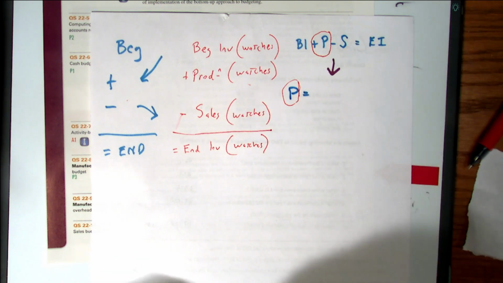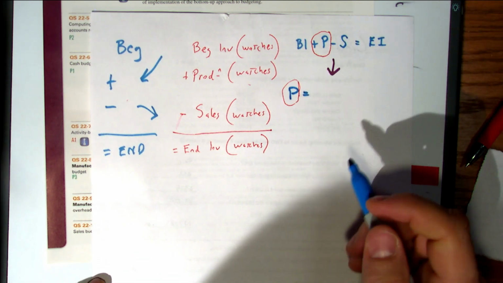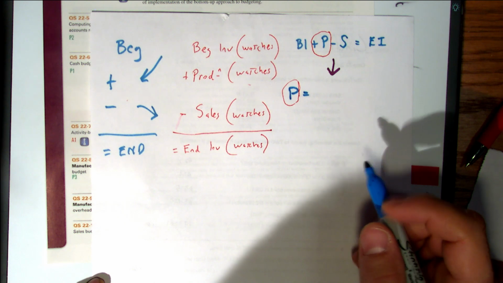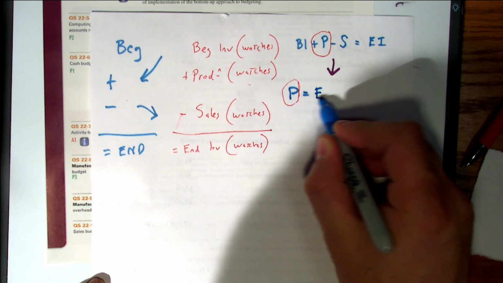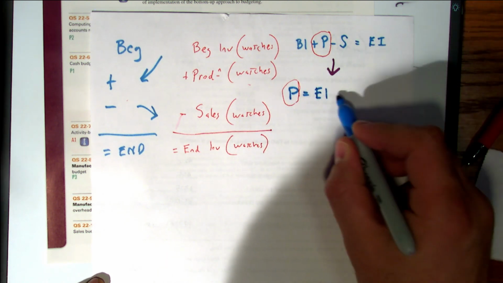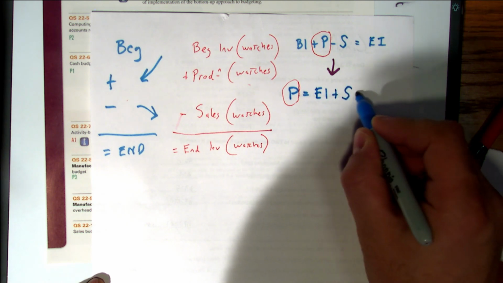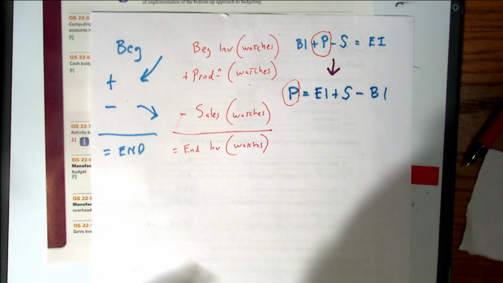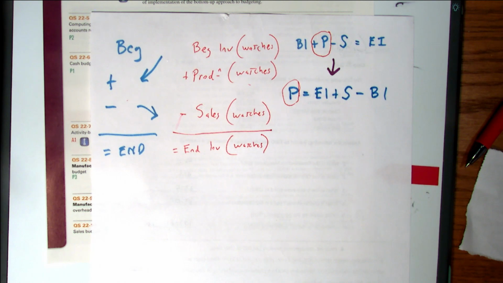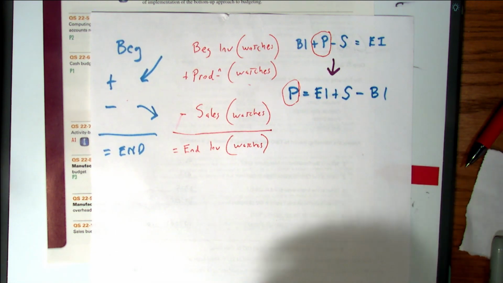Does that make sense? And this is just algebra. What do you do? Well, that would be ending inventory, add sales to both sides, plus sales minus beginning inventory. Is that correct? Yep. You following me? Good.